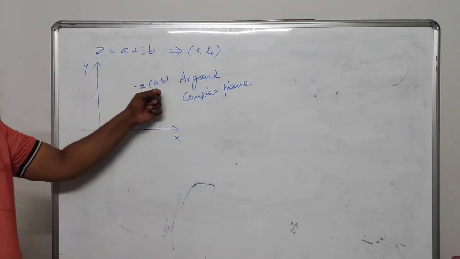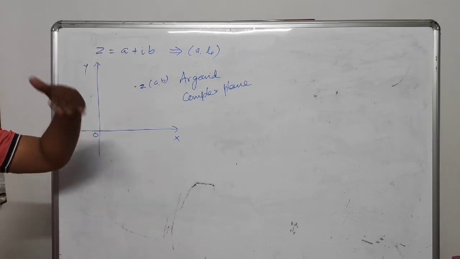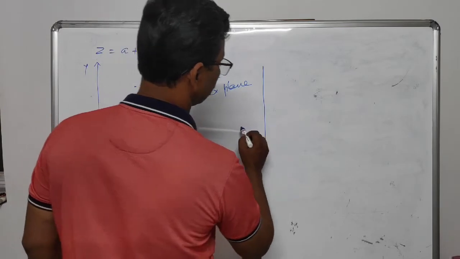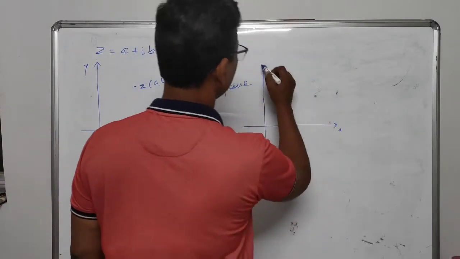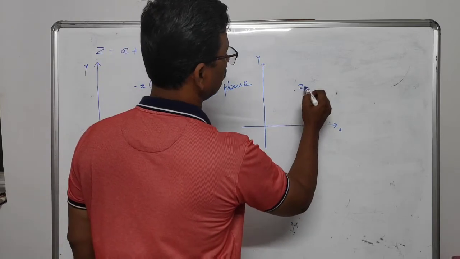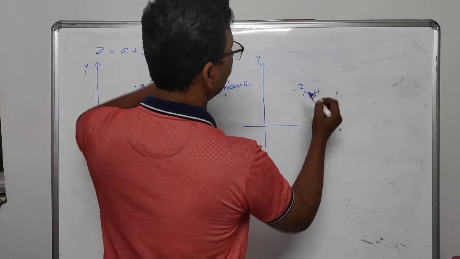Now we have represented this as a point. Then how do we represent this complex number as a position vector? Consider this is the x-axis, this is the y-axis, and the point z whose coordinates are (a, b).